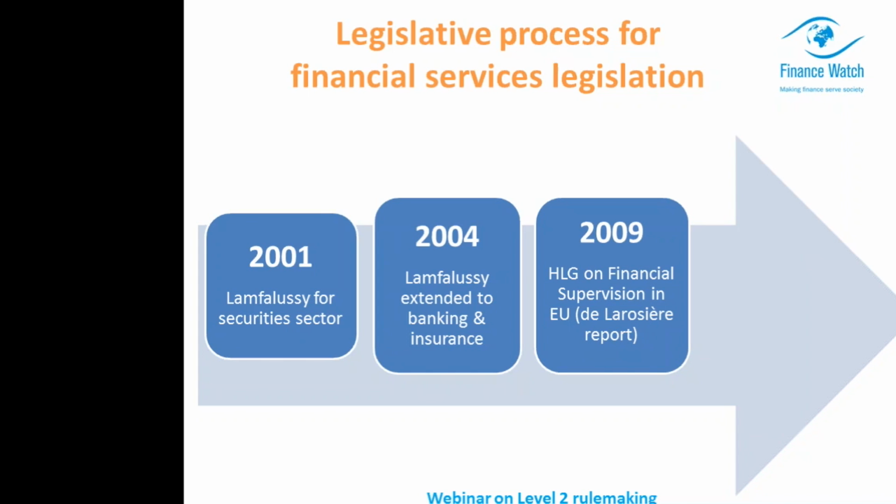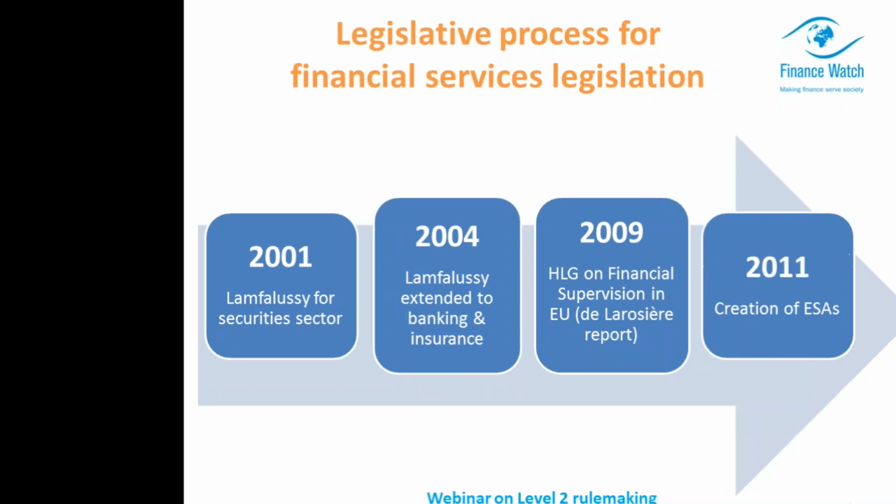It proposed creation of the European System of Financial Supervision by creating the European Systemic Risk Board for the macroprudential oversight and replacing the level 3 committees from the Lamfalussy process with European Supervisory Authorities, so-called ESAs.